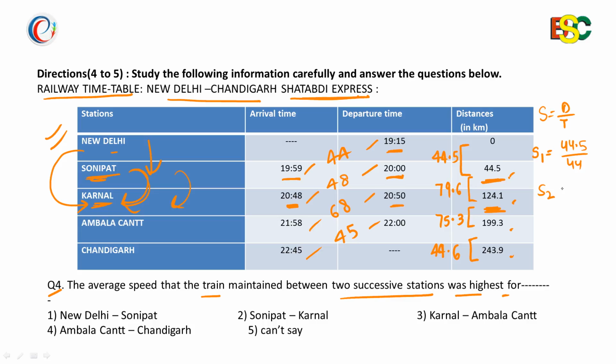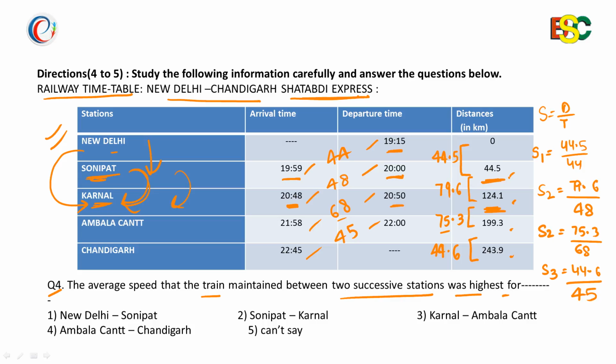Then speed between Sonipat and Karnal is 79.6 upon 48. Then speed between Karnal and Ambala is 75.3 upon 68. And the speed between Ambala and Chandigarh is 44.6 over 45.